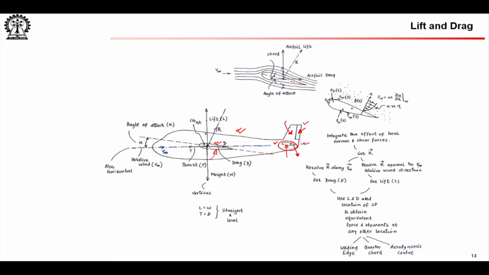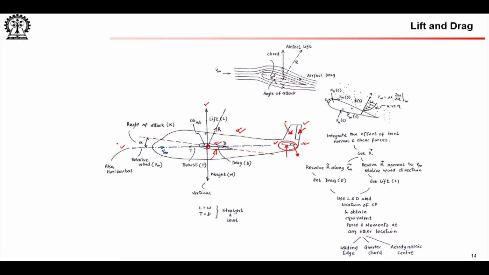So, if this is the center of gravity of the aircraft, you can think of a coordinate system. Now, there can be different coordinate systems that you can use to your advantage. In this case, through the center of gravity, I am using a vertical and horizontal coordinate system.